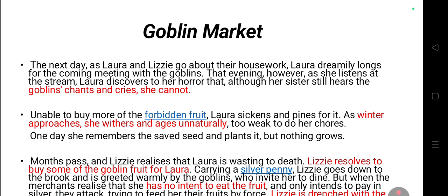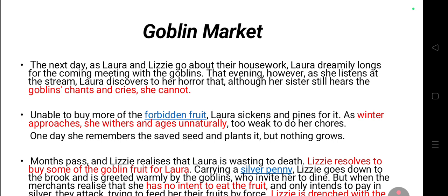So even the visibility of the goblins is clear to Lizzie, but Laura is unable to get them. Unable to buy. So when she is unable to get their appearance or existence, she is unable to buy that forbidden fruit.